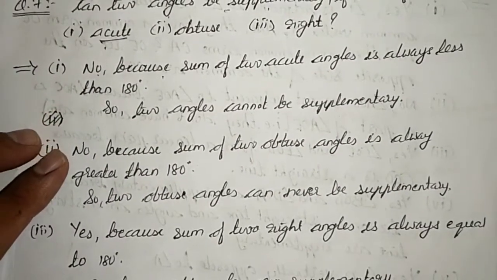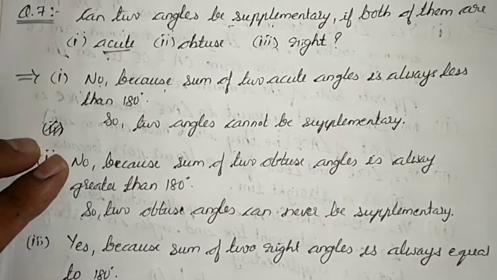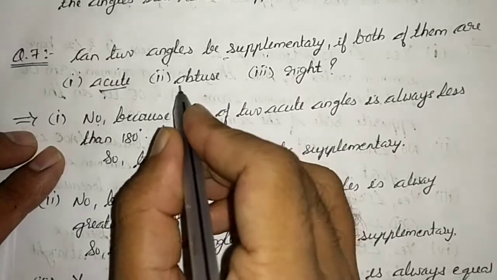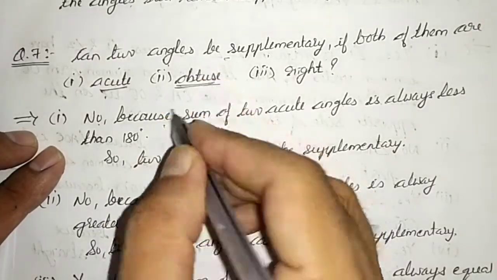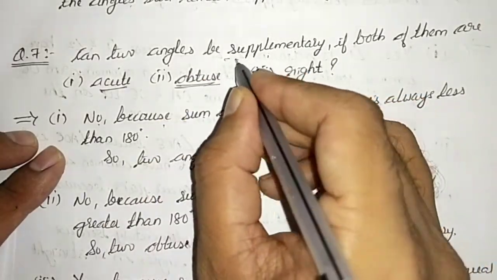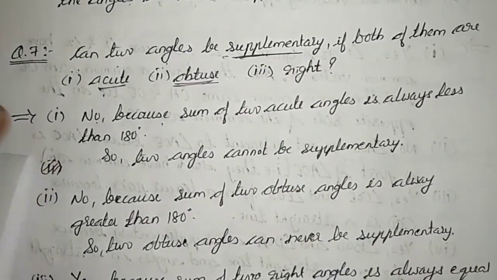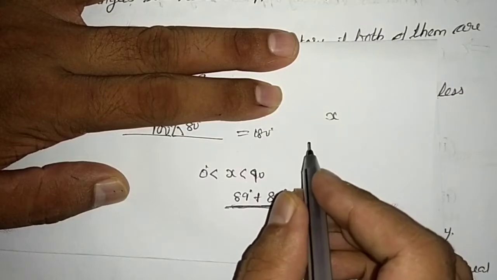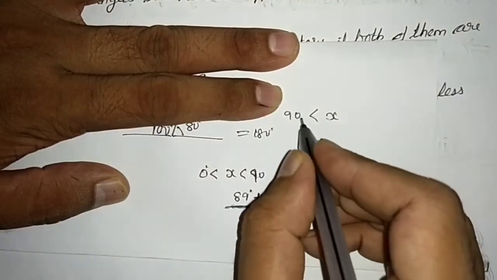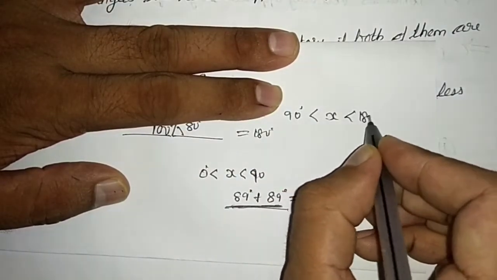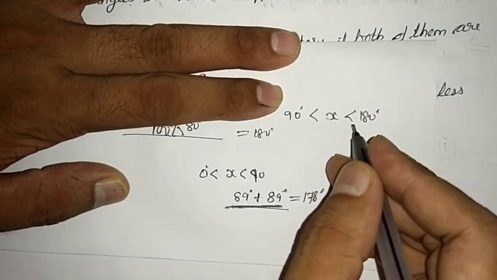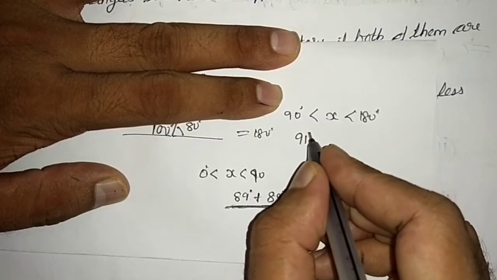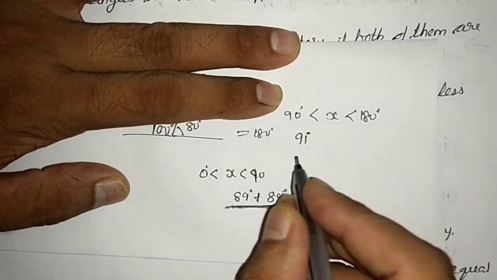In the same way, if two angles are taken and both of them are obtuse, will they in any case be supplementary? Let us check. Obtuse angle means an angle which is more than 90 and less than 180 degrees. Let us imagine that more than 90 means 91 degrees. Let us say the smallest angle we have taken is 91 degrees.